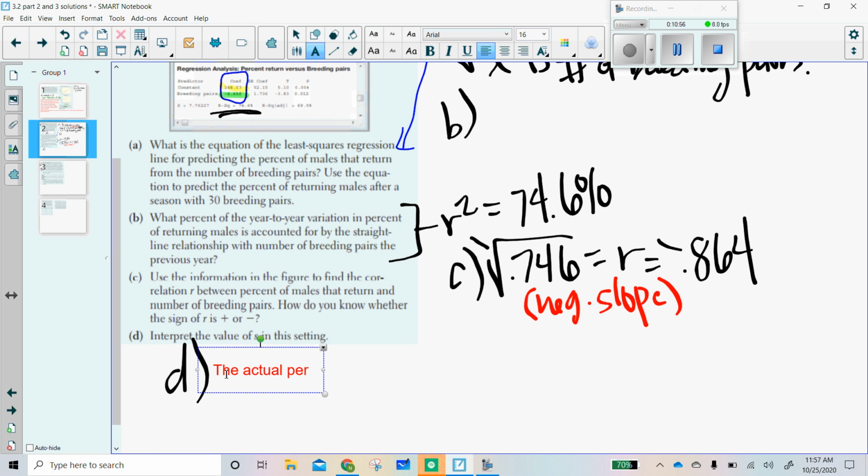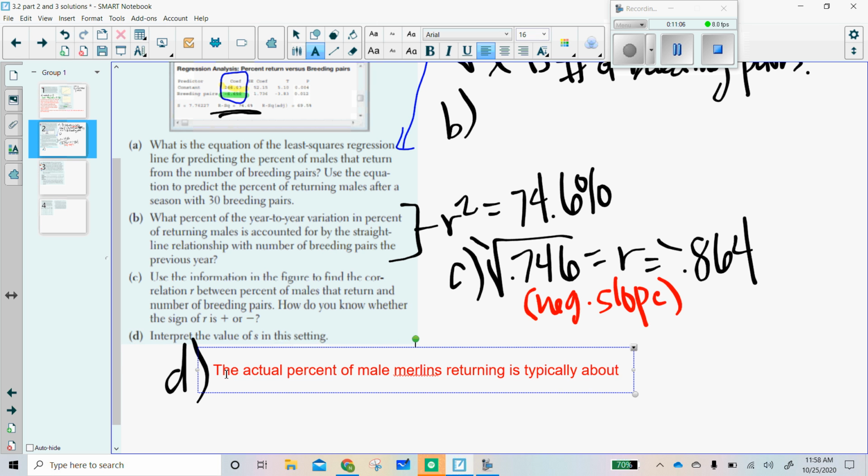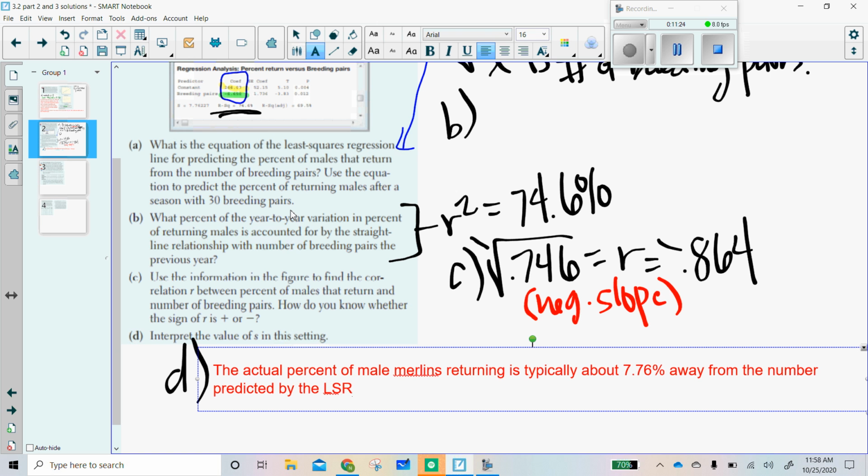So the actual percent of male Merlins returning is typically about, and that is this value up here, 7.76%, away from the number predicted by the least squares regression line.